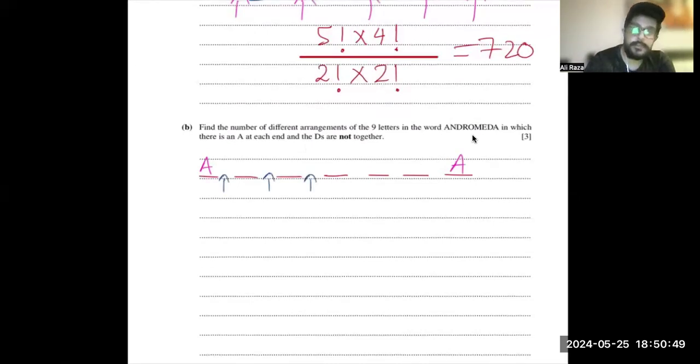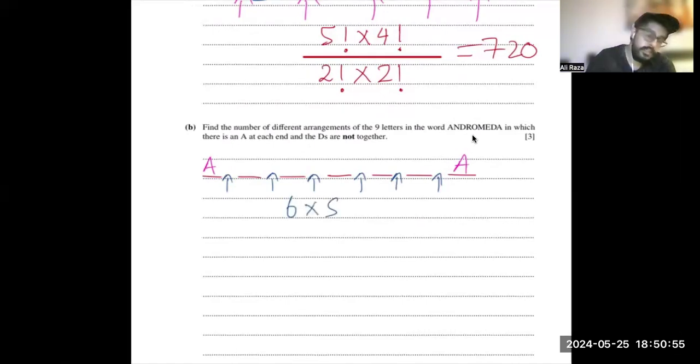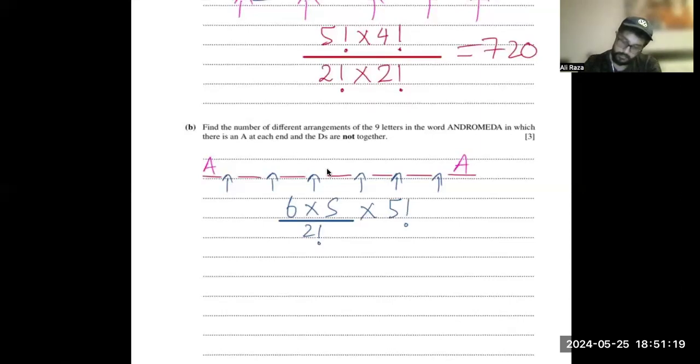So we have 6 places for the first D and 5 places for the second D divided by 2 factorial for repetition, multiplied by 5 factorial for the remaining 5 letters. The answer comes out to be 1800.